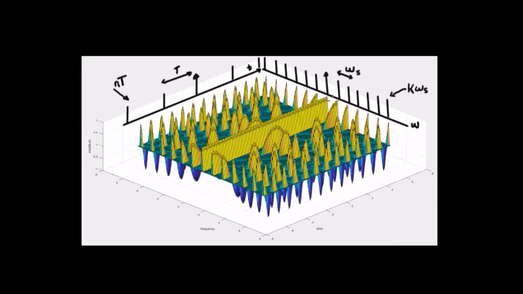But the e to the i omega t is made up of a cos omega t and a sine omega t. Now the sine function is an odd function, so when we multiply this odd function with this even function, we get an odd function, and whenever we integrate that odd function from minus infinity to plus infinity, the sine part of that e to the i omega t just disappears. It is equal to 0. So we're only left with the cosine part here.